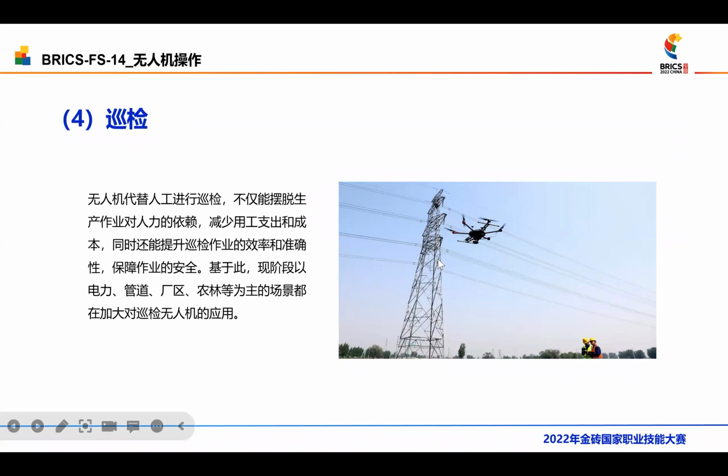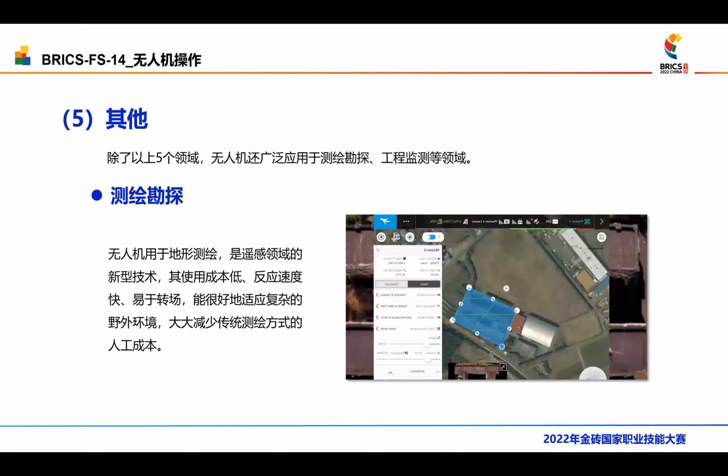Based on this, at present, the power, pipeline, plant area, agriculture, and forestry and other main scenarios are increasing the application of inspection drones.